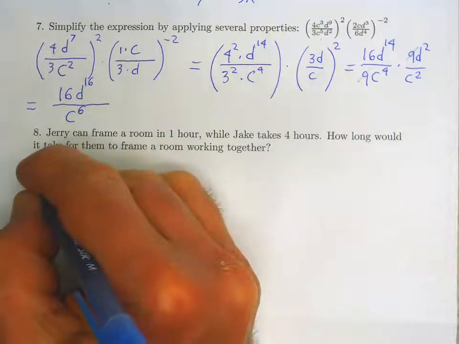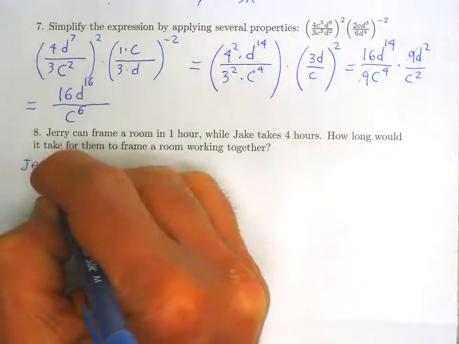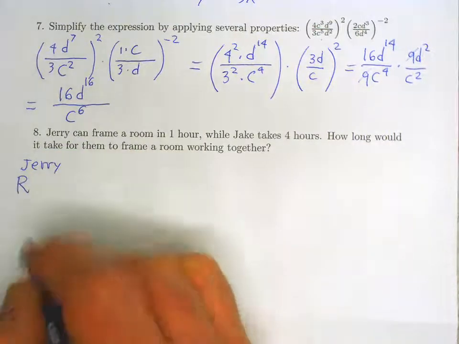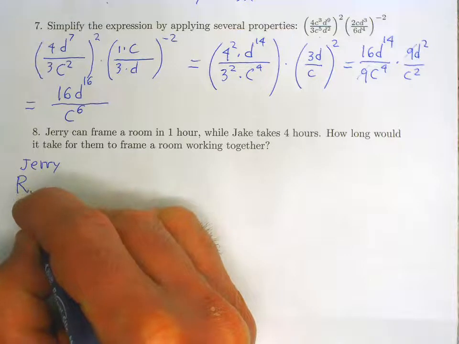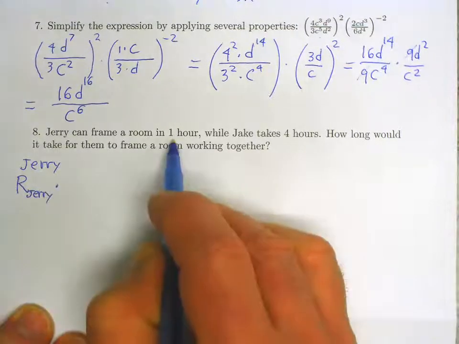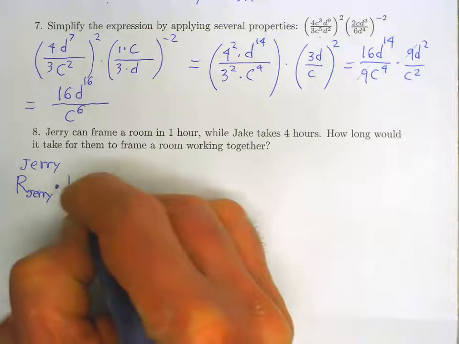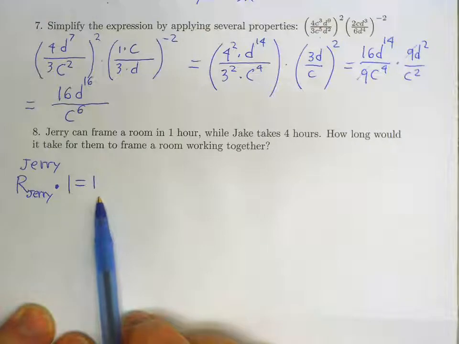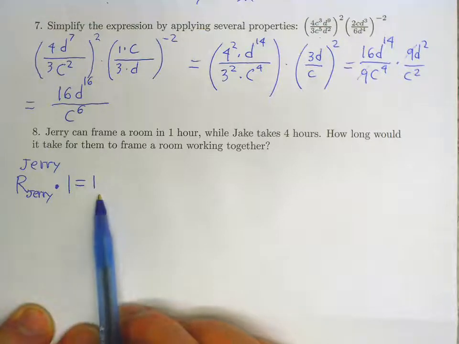So we'll start with Jerry. So Jerry works at a certain rate. I'll go ahead and write R sub Jerry, and in 1 hour, he can complete the job of framing a room. So rate times time equals 1.